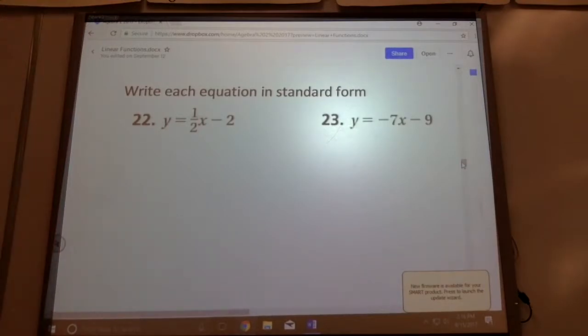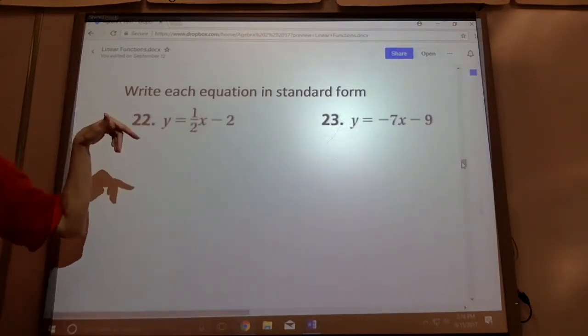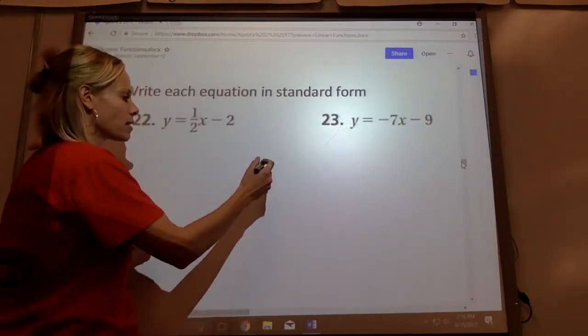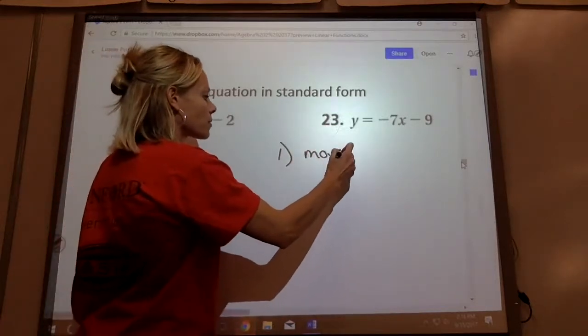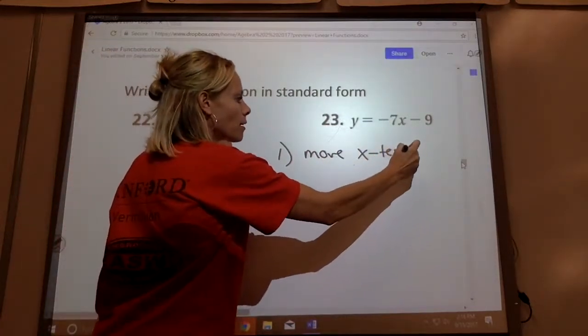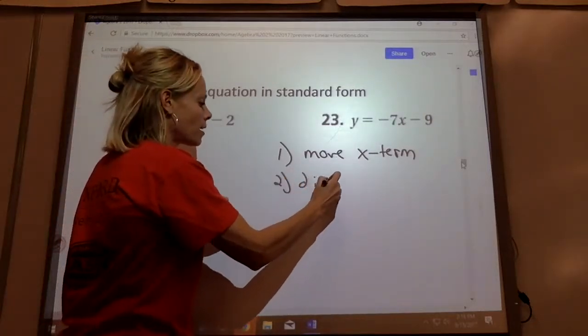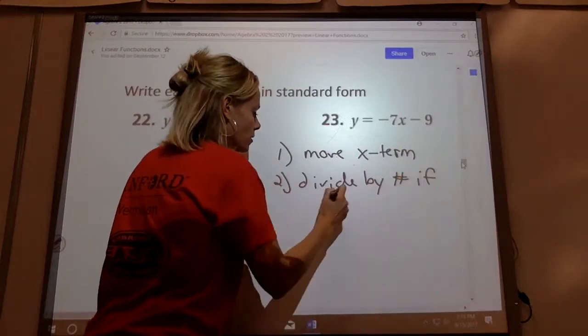Okay, so the next part, kind of going out on a limb here in this section, is put slope-intercept form into standard form. So Wednesday, I gave you 2 steps, remember? I said move the x term, 99% of the time it's going to be move the x term, and then divide by the number in front of y.